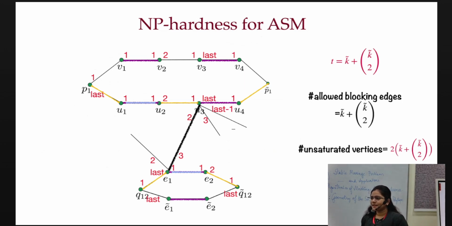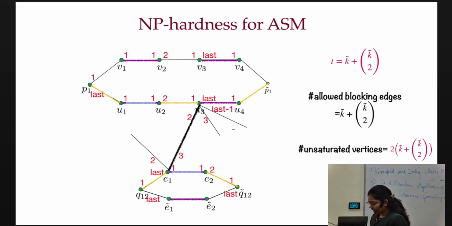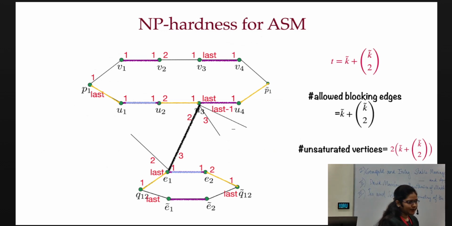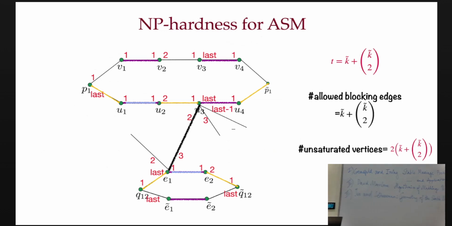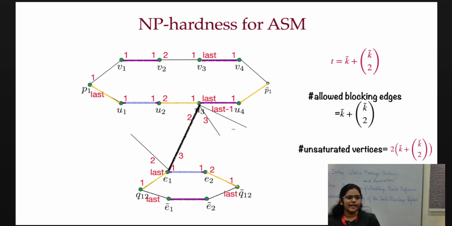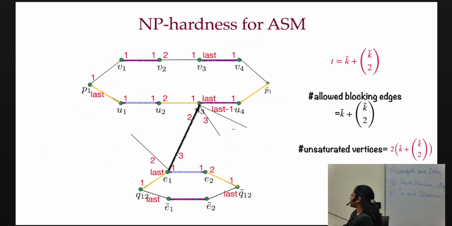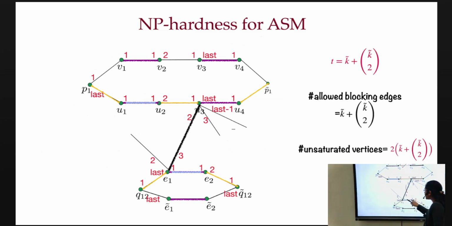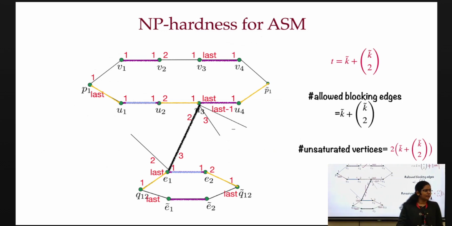Okay, actually I'll give the intuition. The idea is that we are looking for a k tilde sized clique. This subgraph has k tilde vertices and k tilde choose 2 edges. The intuition is that if the augmentation happens along this edge, I will take this edge in my subgraph.